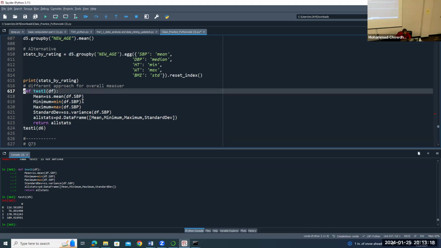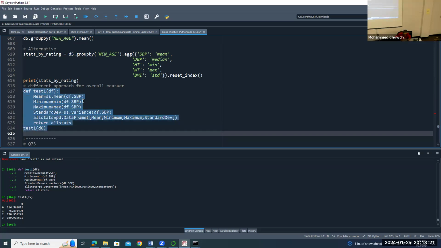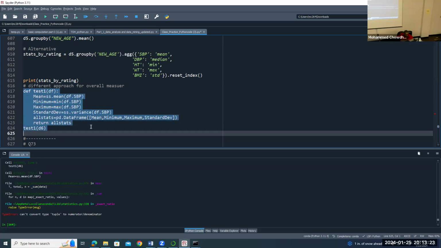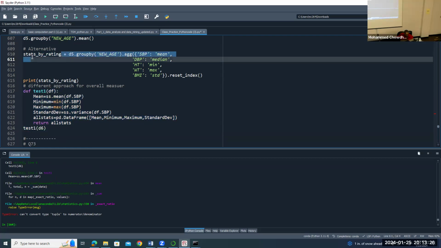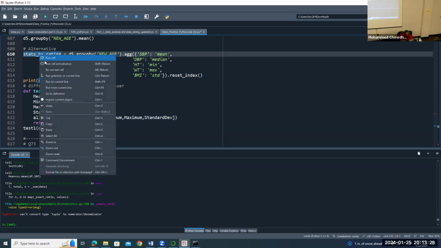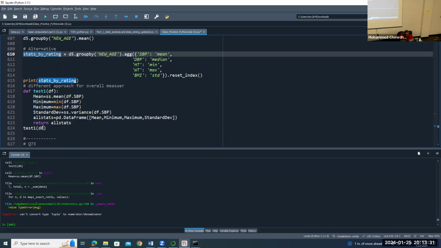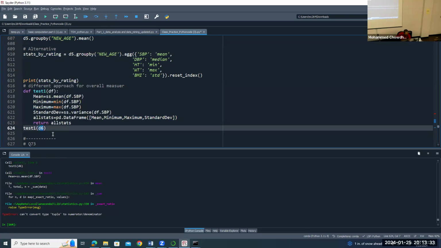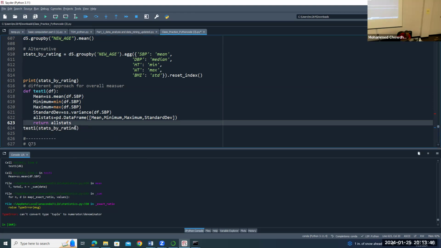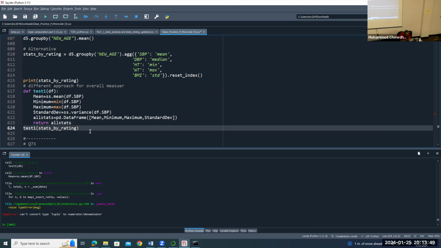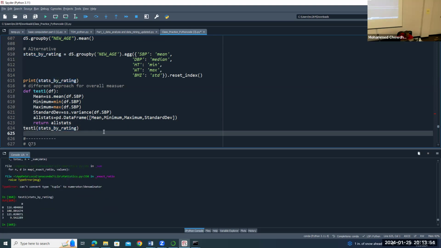If it will not work, then there should be another approach. Okay, D6 is not working in here because that was in the list format. Let me see whether this one will work. Okay.